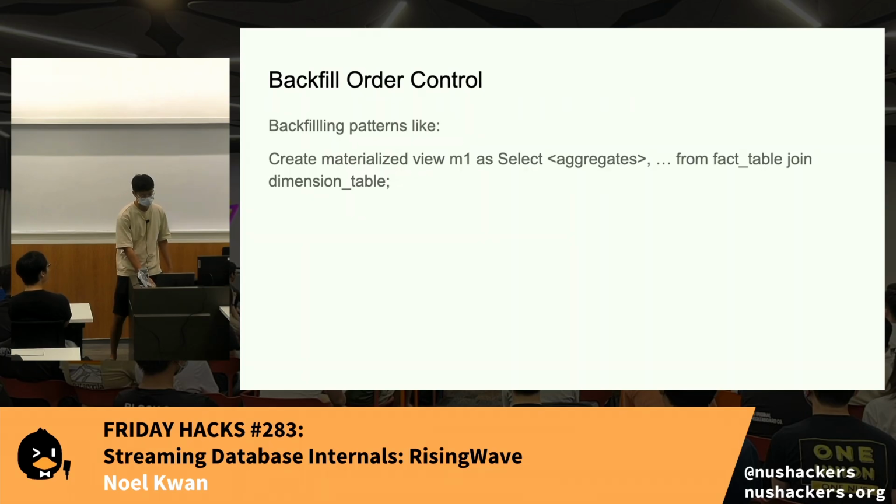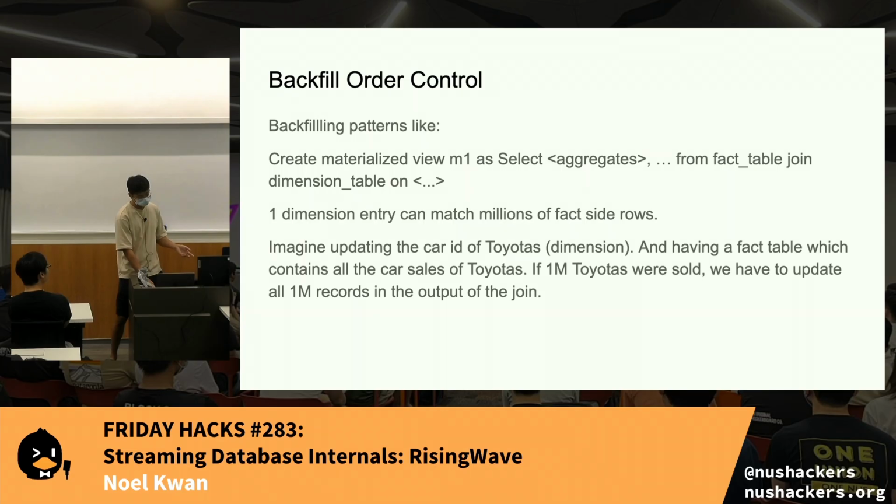And then finally, backfill order control. When we have backfilling patterns like this, let's say you create a materialized view with some aggregates, followed by a join of a fact table with a dimension table. We can have the scenario where one dimension entry matches millions of fact side rows, right? Imagine you update the car ID of Toyotas, and you have a fact table which contains all the car sales.